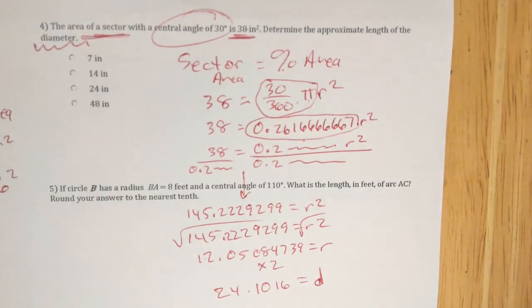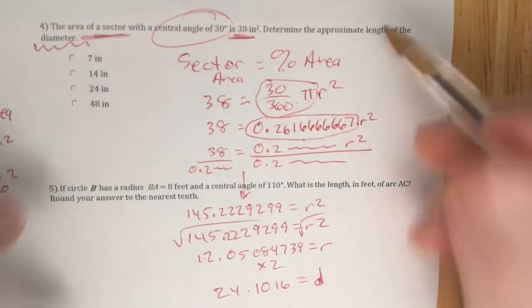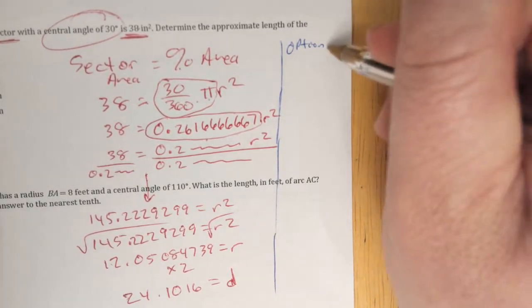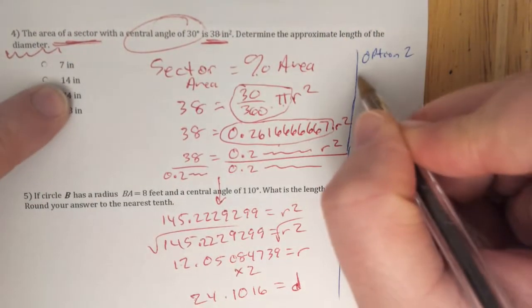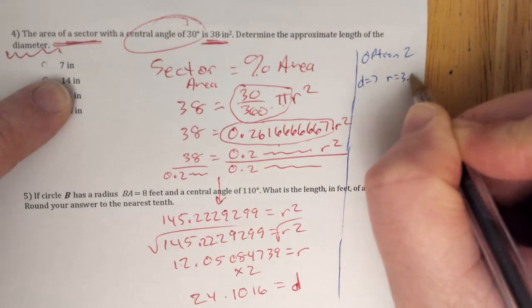That was one way. The other way was they gave you multiple choice, right? So here's another way. So this is option 2, and this might be better for you. Option 2 is change these into radius. So if the diameter is 7, then the radius would have to be 3.5, right?